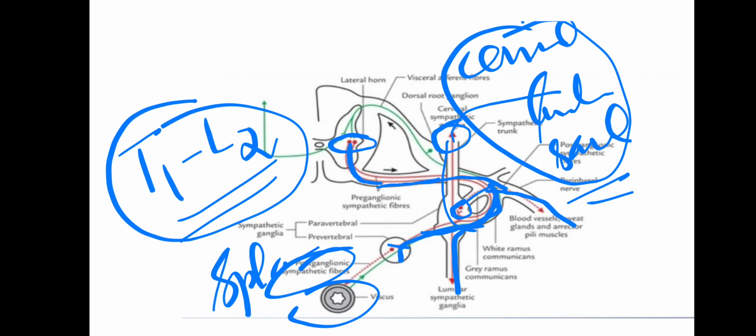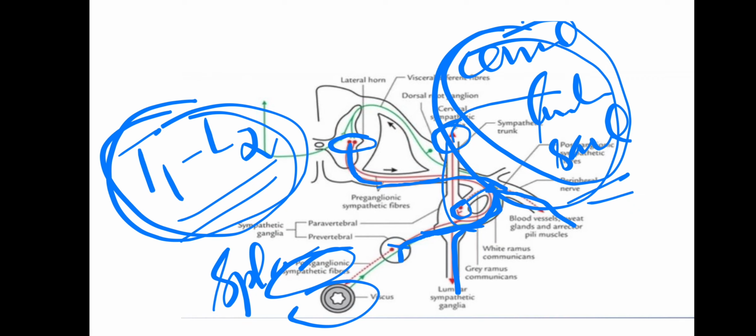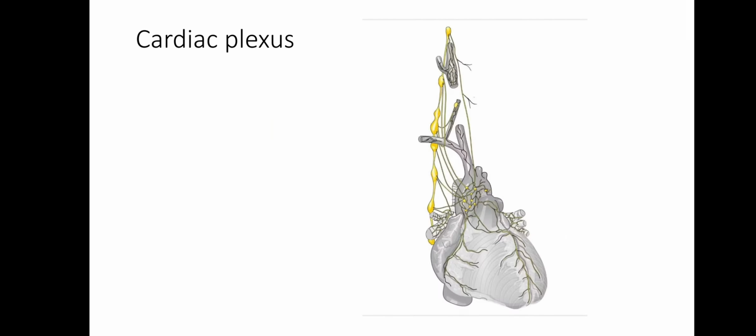This is because of this setup. The preganglionic fibers are always thoracolumbar, but the postganglionic fibers can come at any level. So this is the thing that you have to understand.